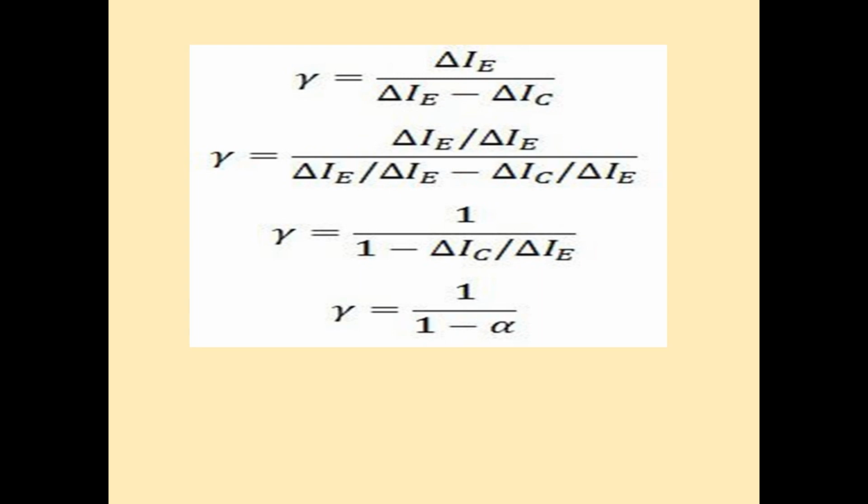This is the relation between alpha and gamma. Alpha is the current amplification factor in CB mode and gamma is the current amplification factor in CC mode. Gamma equal to 1 by 1 minus alpha.